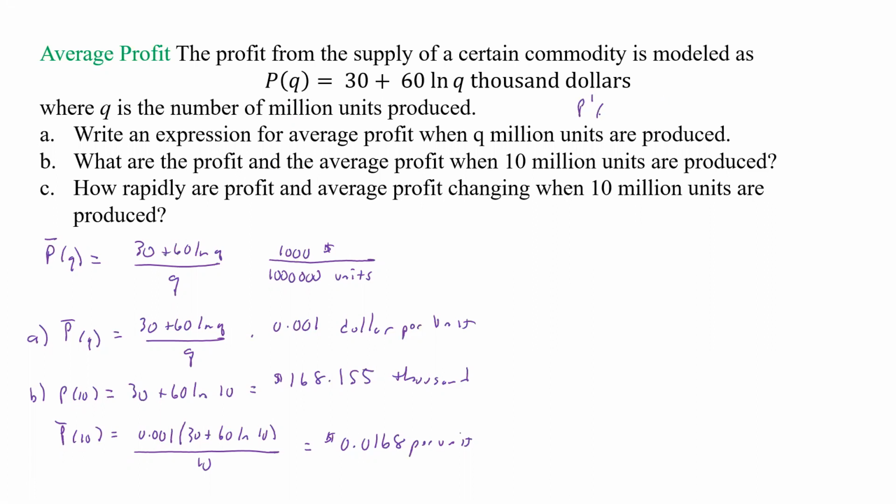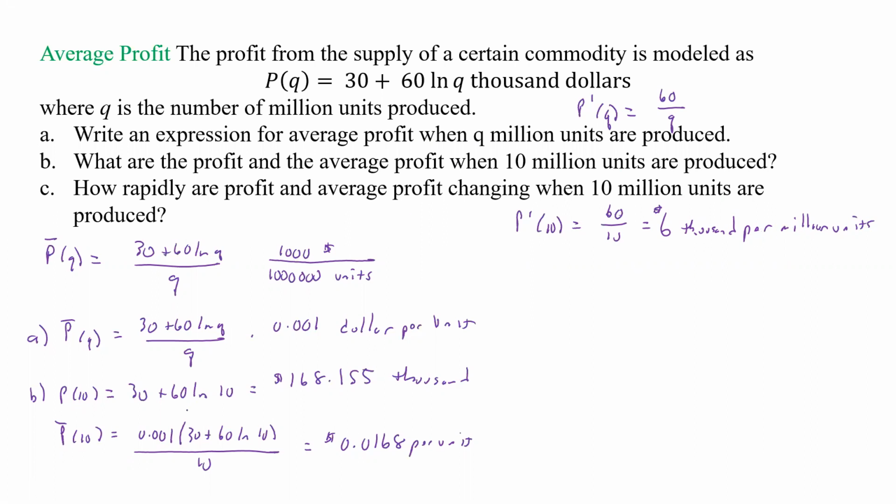P prime of Q is just going to be 60 over Q. So if we want P prime of 10, that's just 60 over 10, which is 6. And that's going to be $1,000 per million units. Okay, so $6,000 per million units.